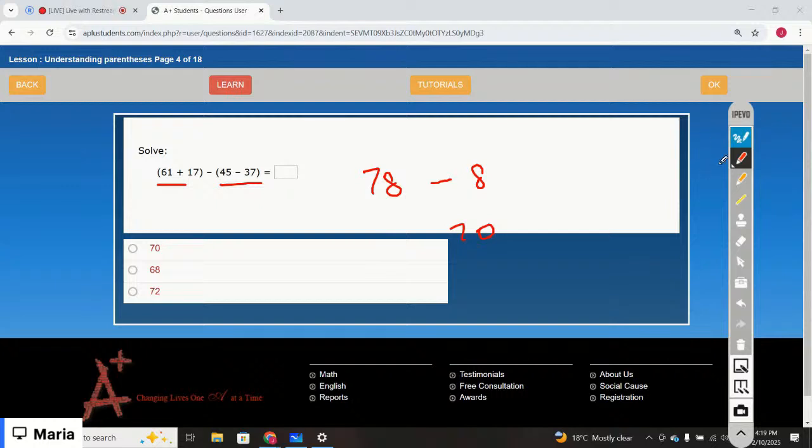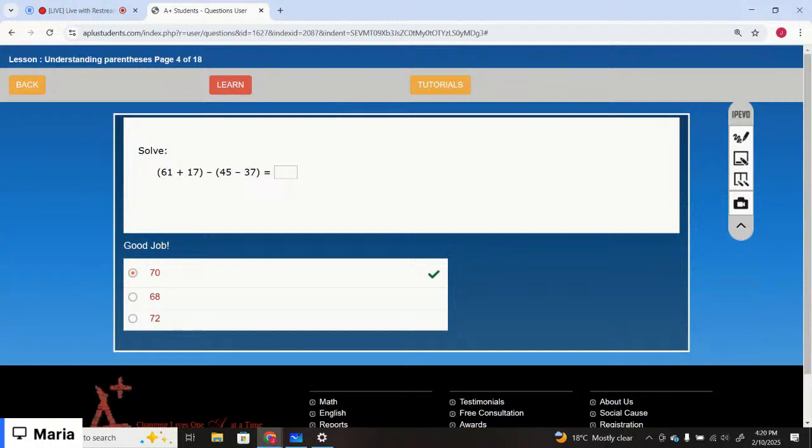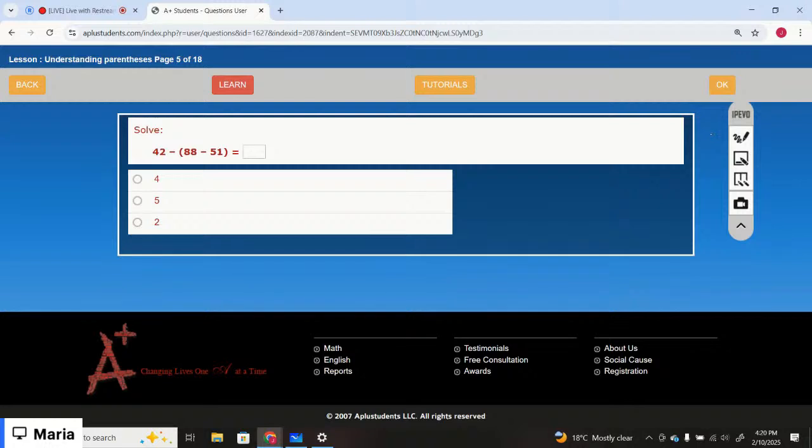Option number 1 is the correct option. That is 70. 42 minus 88 minus 51. 88 minus 51, you have to solve the parenthesis first, that is 37.